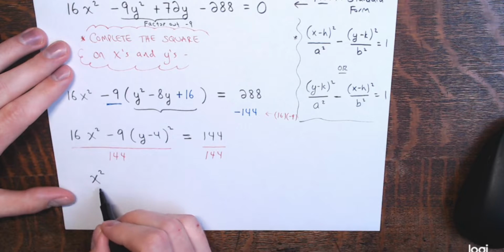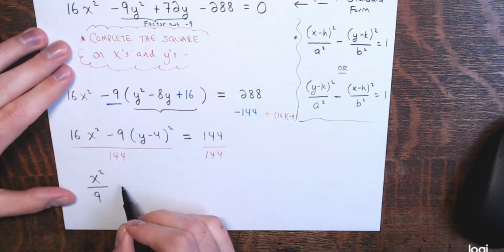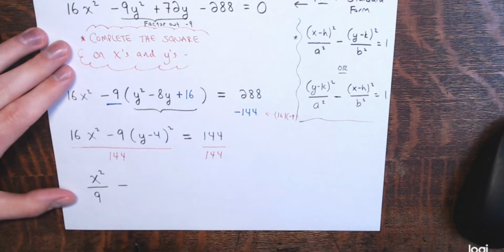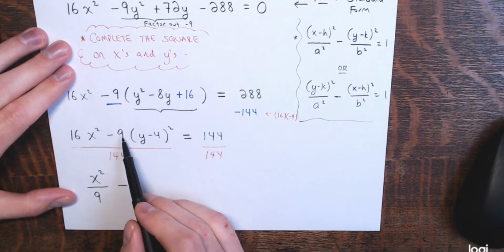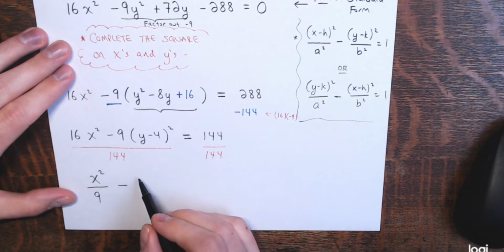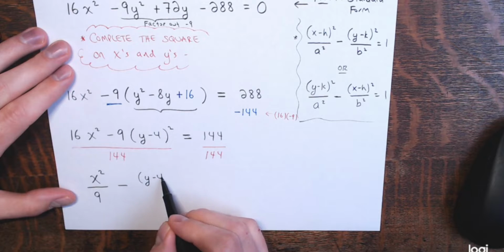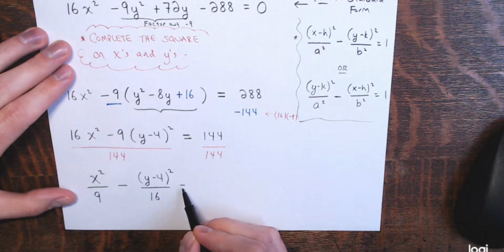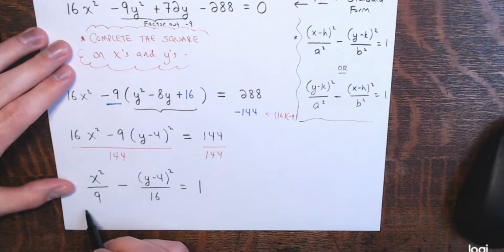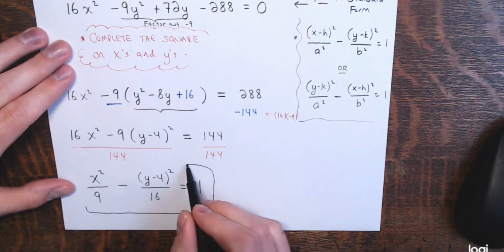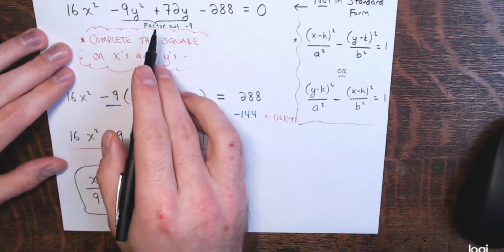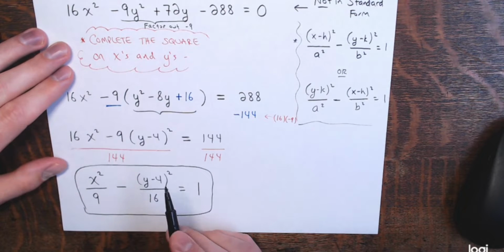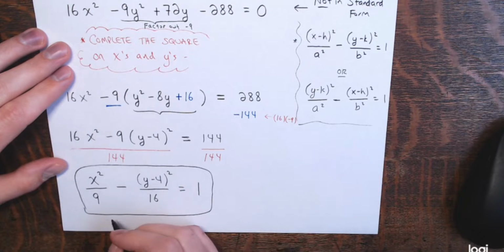And then we have minus, and then 9 goes into 144 16 times, so you have the quantity y minus 4 squared divided by 16 equals 1. And here is the equation of our, it's the same equation as the beginning, it just looks different. They're the same equation, but this is now in standard form for a hyperbola.